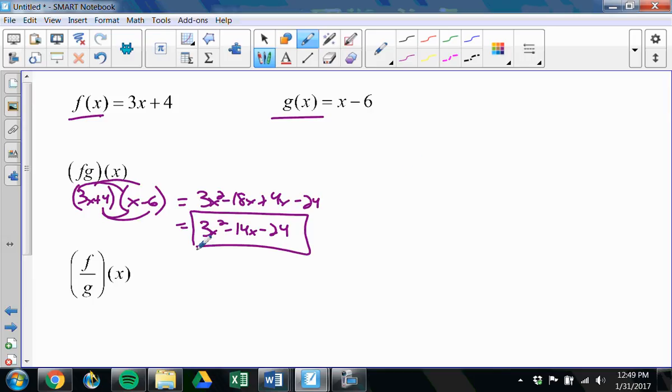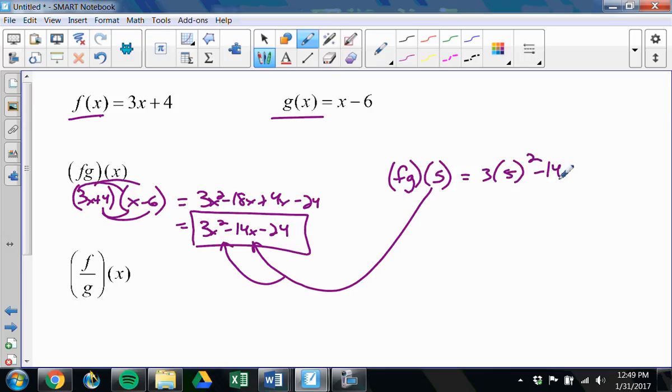And now if I wanted to find something like f times g of, I'll pick something kind of simple like 5. I have two options. One is to plug a 5 into these x's. 5 squared is 25, times 3 is 75, 14 times 5 is 70, minus 24.